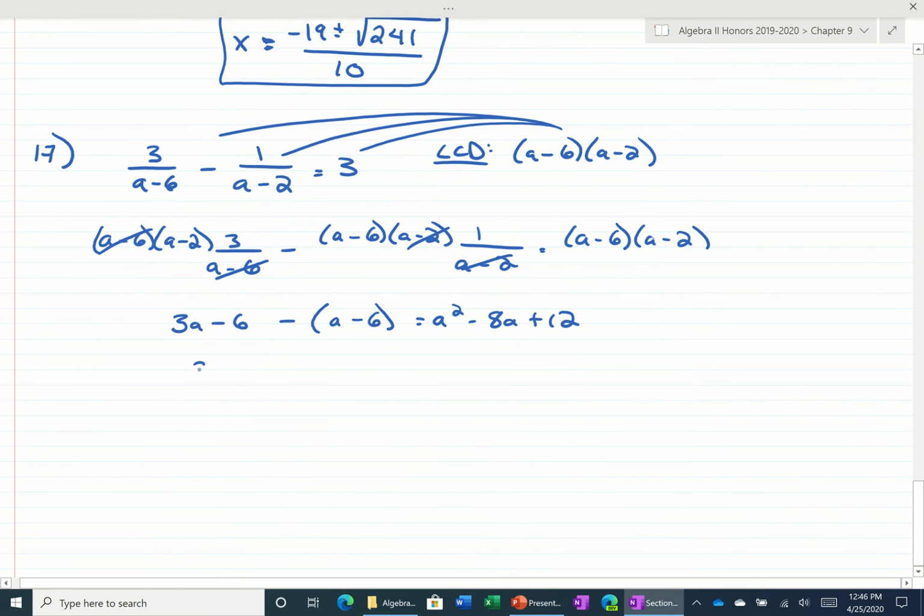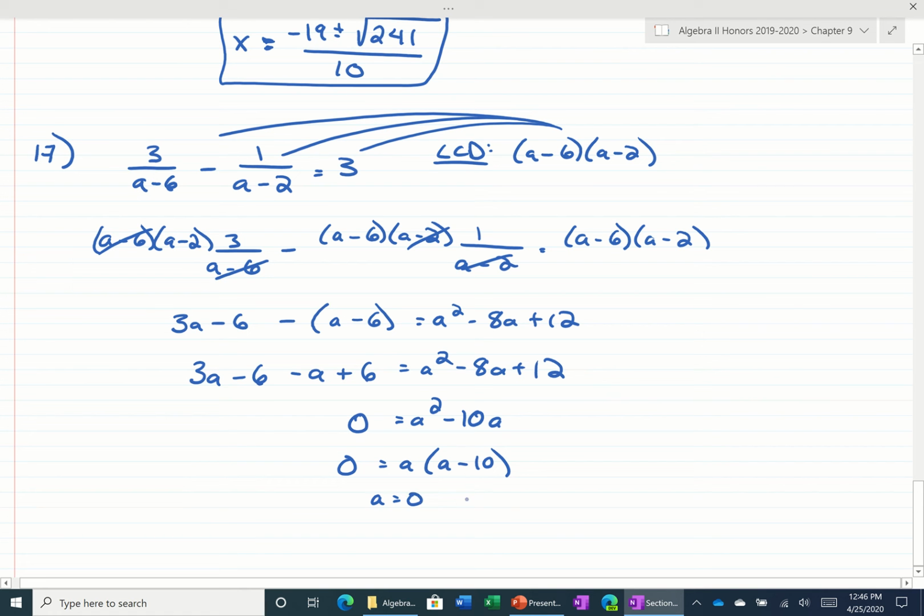And let's see what happens here. Want to get everything on the same side. So let's see, 3a minus a is 2a. So if we bring that over, this would be minus 10a. And the 6's cancel, so we could factor out an a. And we'd get a is 0 and a is 10. And taking a look, both of them would be fine. There's no extraneous solutions there for number 17.